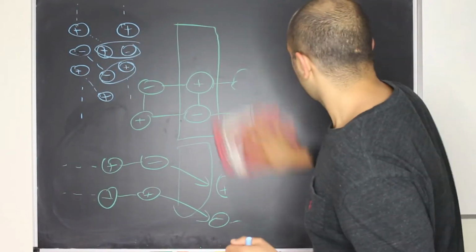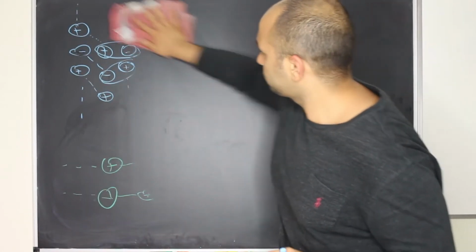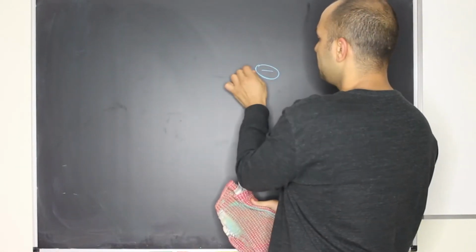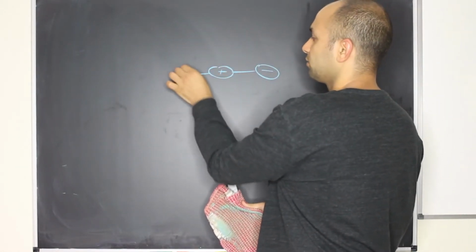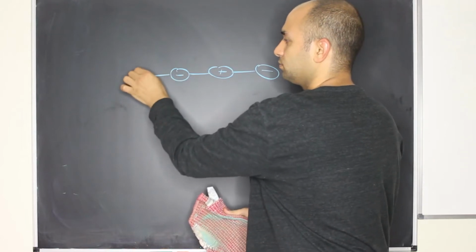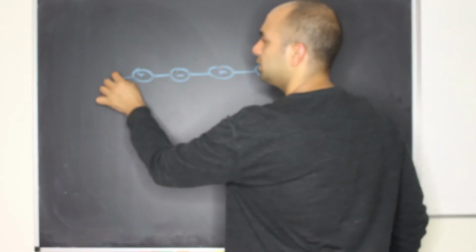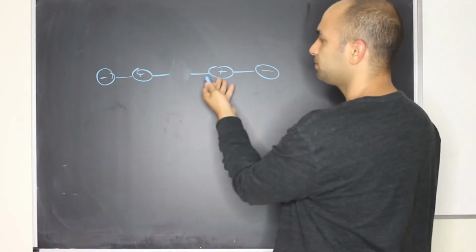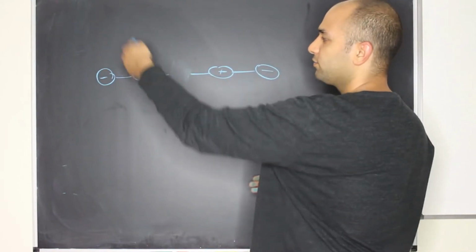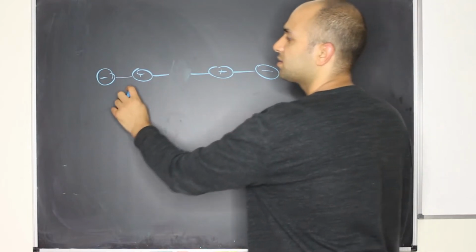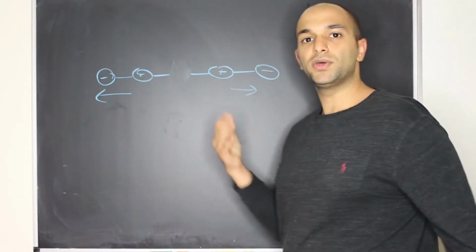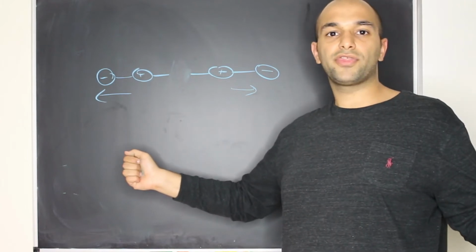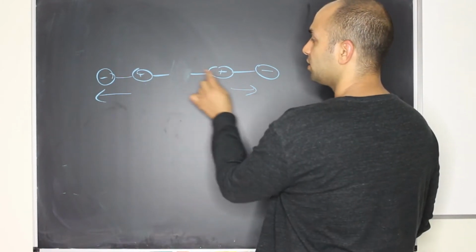Let me just draw it like this. Erase this. If there weren't layers, if it was just a linear thing like this, and I remove this side, now there's plus plus, there's no other thing for it to go to, and these things will fly apart. So it is possible that you remove one atom and the entire thing flies apart because you have plus here.